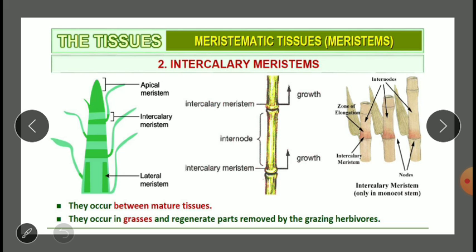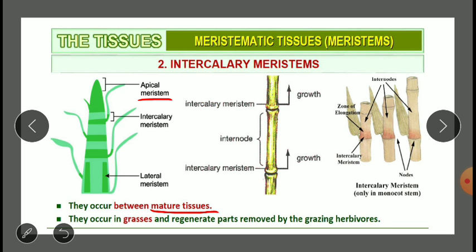Then the second type of the meristems are going to be the intercalary meristems. Intercalary meristems are present between the mature tissues. So apical meristems are present here at the tip and at the axillary buds, and intercalary meristems are present in between the mature tissues.